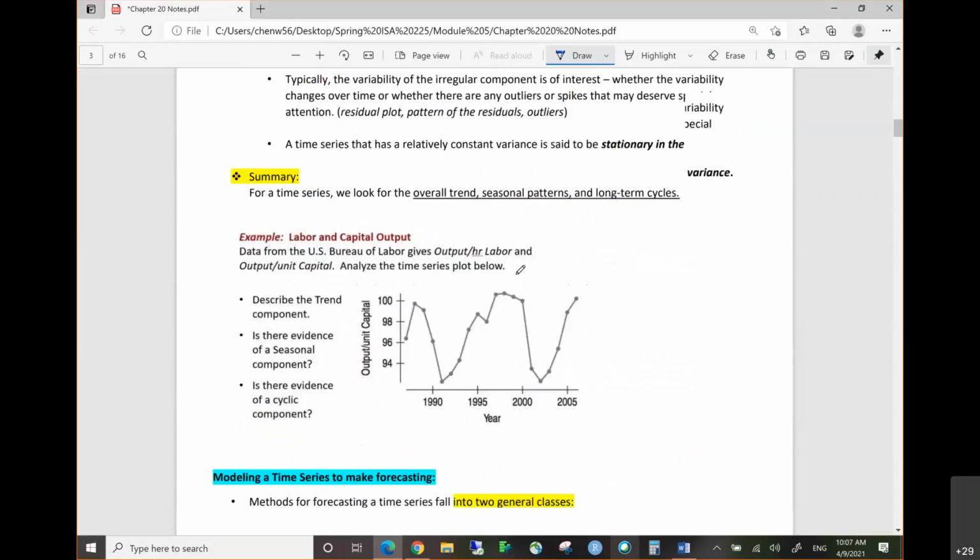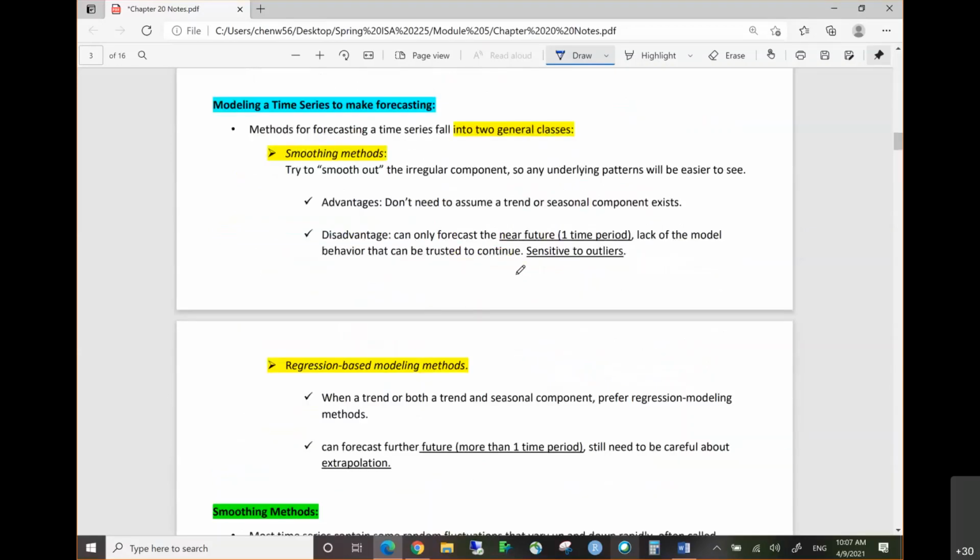Once we get some idea about the time series, whether it has a trend component, a seasonal component, or neither, we can decide which method to use to make the prediction. If a time series has a trend or seasonal component, that means there is a stable relationship between time and the response variable y.